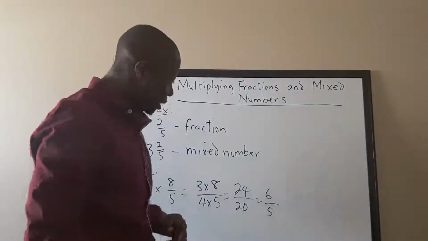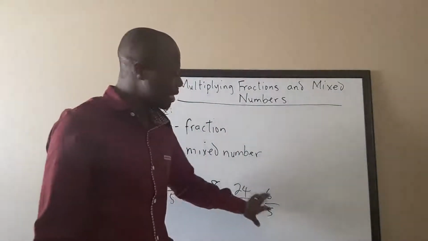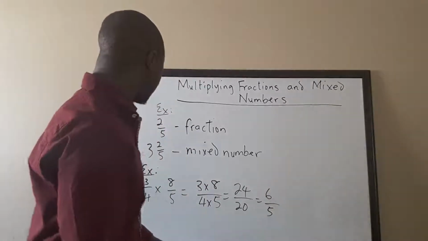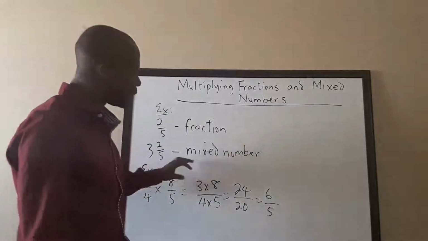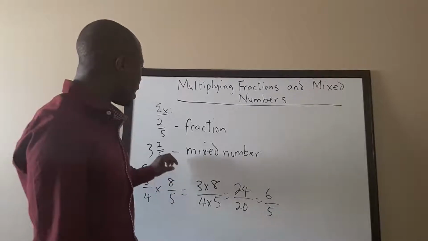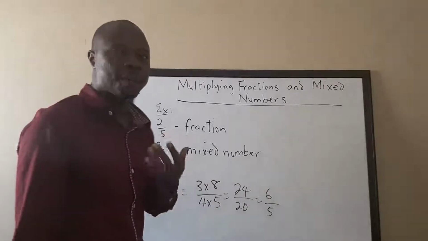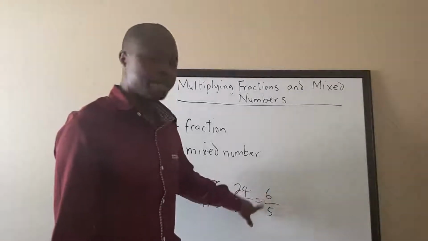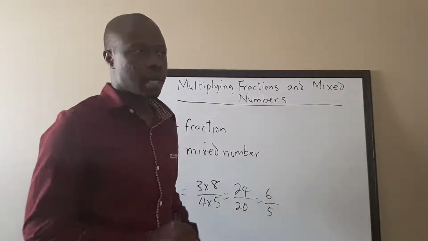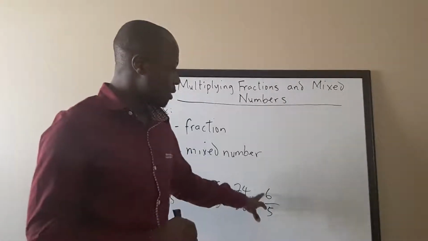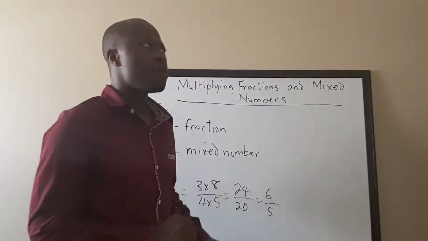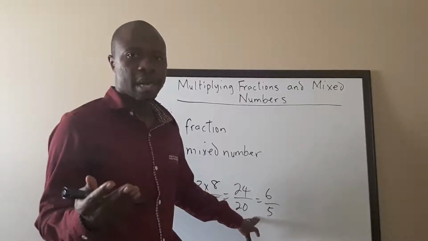So at this point, this is called an improper fraction. And I did not talk about that one earlier on. But for an improper fraction, the top number has to be bigger than the bottom number. And so here, 6 is bigger than 5. So we want to change this to a mixed number.